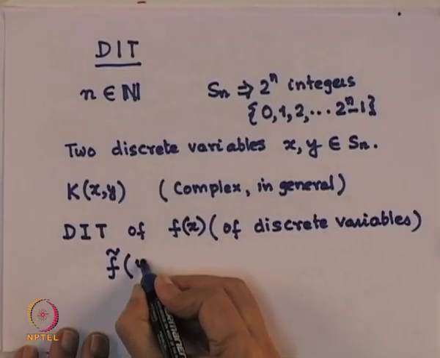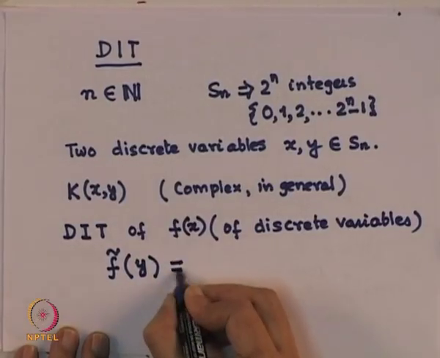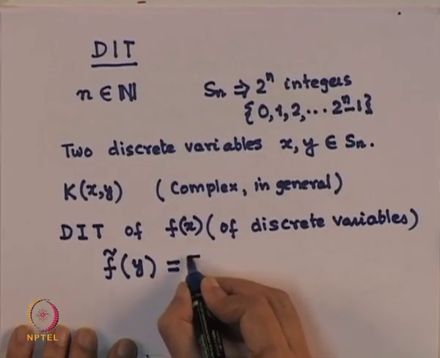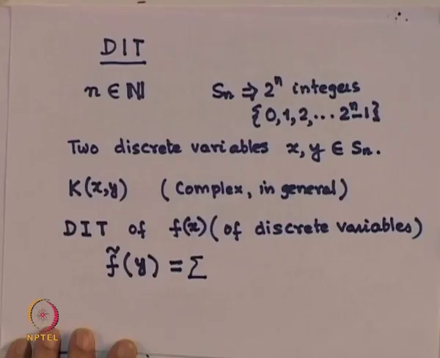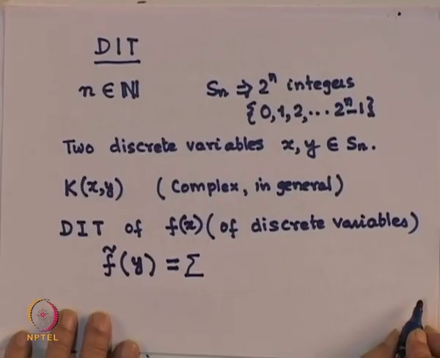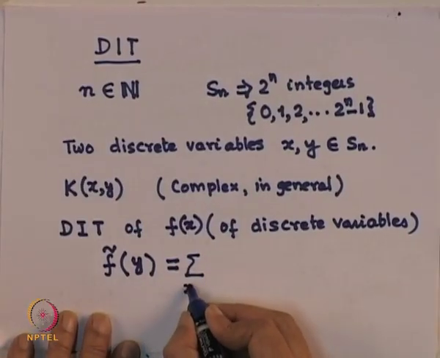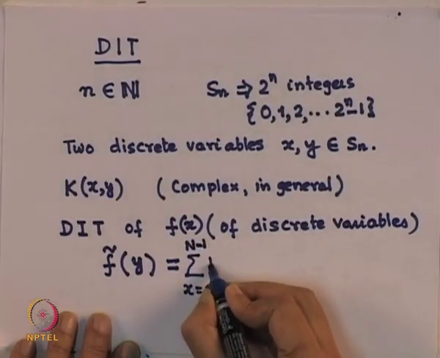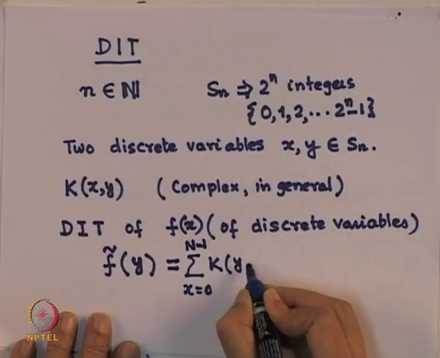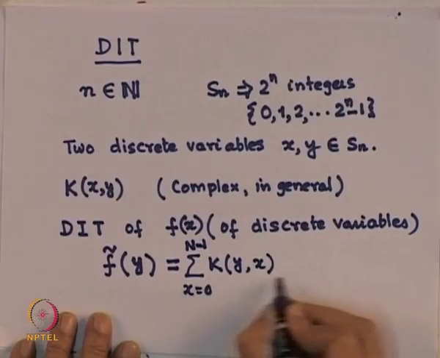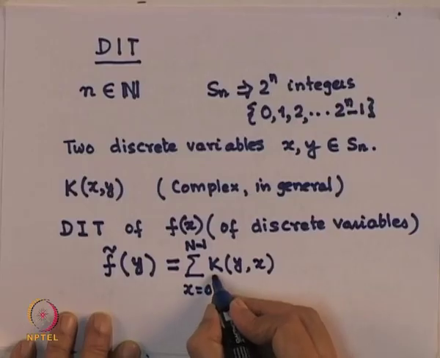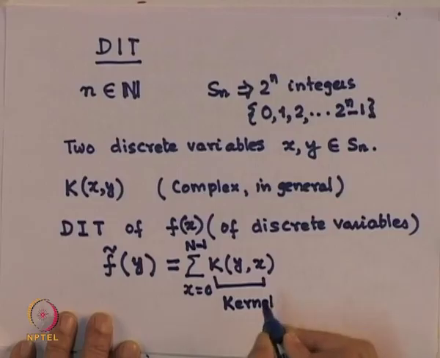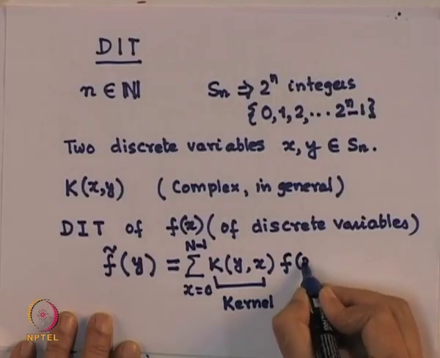Then f tilde of y, which is the DIT of the function f(x), is given by a sum instead of the integral with which we are familiar, x equal to 0 to n minus 1, the complete set, of k(y,x), this is that bivariate kernel I talked about, times f(x).